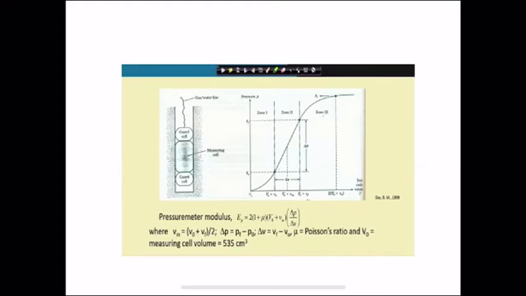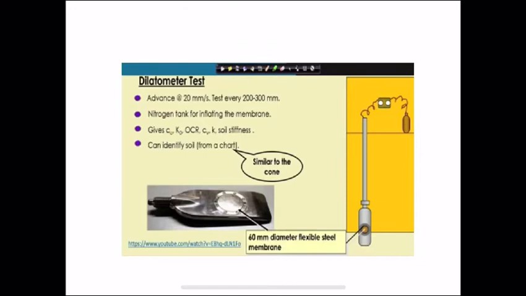Similarly, the SPT and CPT resistances are also used to determine various soil properties. We also discussed the dilatometer test, where a nitrogen tank is used to inflate the membrane, similar to the pressuremeter test.